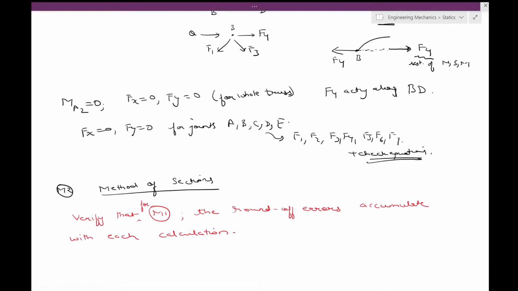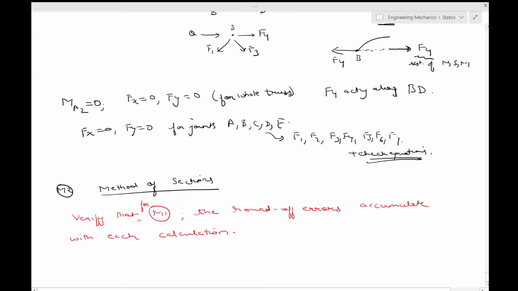Okay, so this is something which you should understand. Where is this round-off error coming in method of joints? If you have a huge truss structure, why would you get round-off errors? So try to answer this question that I have written in red. Method of sections is quite easy in the sense that you choose a particular section and then draw the FBD and apply the equilibrium equations and so on.